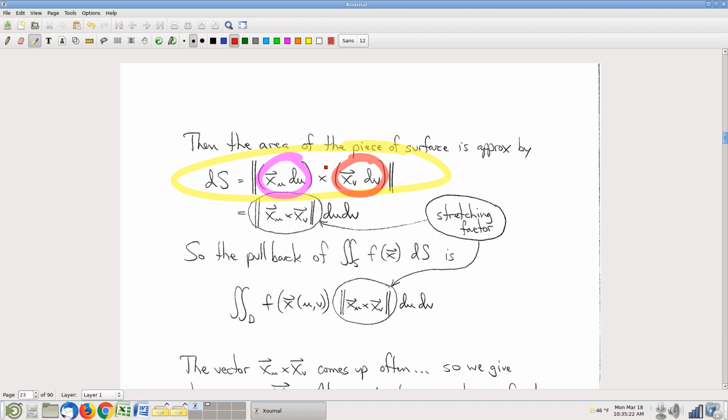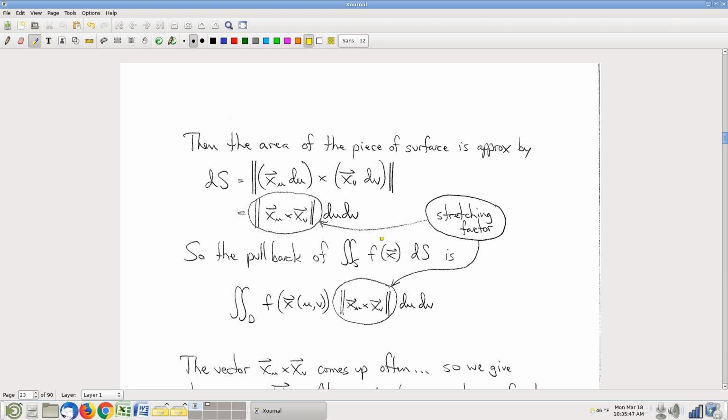Oh, yeah. In fact, that's exactly the next thing that we're going to do. You got a little ahead of me there, but yeah. So this du just pulls right out, and this dv just pulls right out, because they're just constants, or scalars. Scalars pull right out of cross products, and they pull right out of magnitudes.